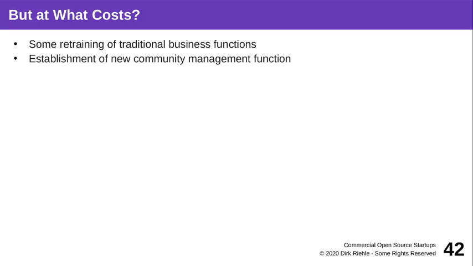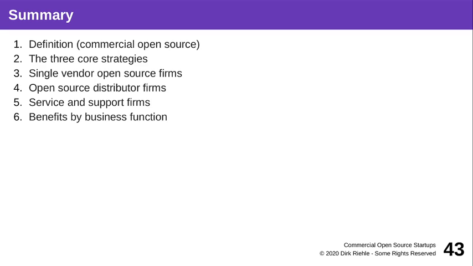More importantly, though, you do need a new business function called community management. In every class, when I run this course, we will have a community manager talk about how to work with community open source projects. But you need to have that community manager, and that is an additional cost that you incur.